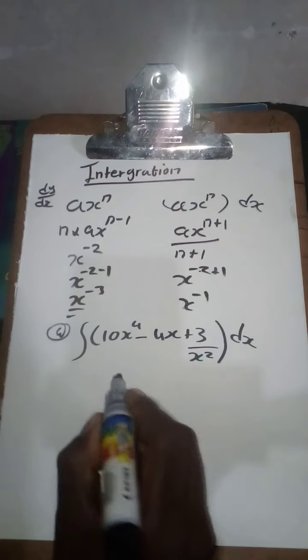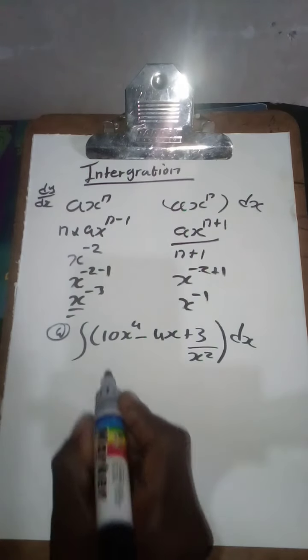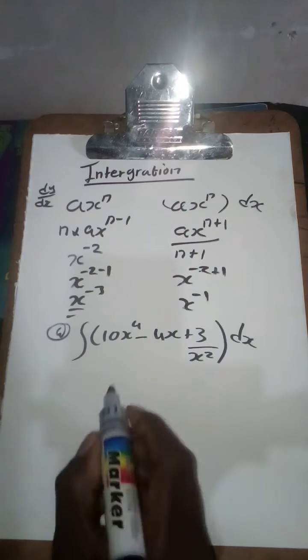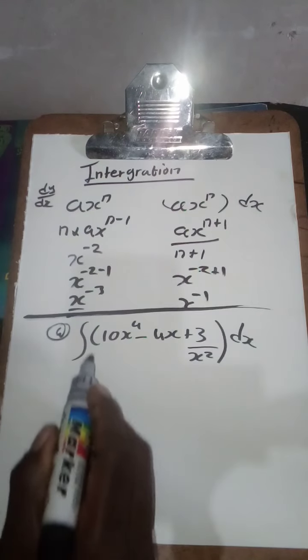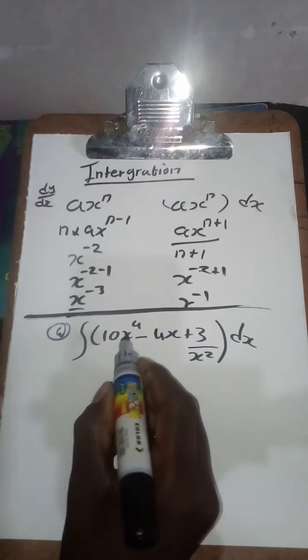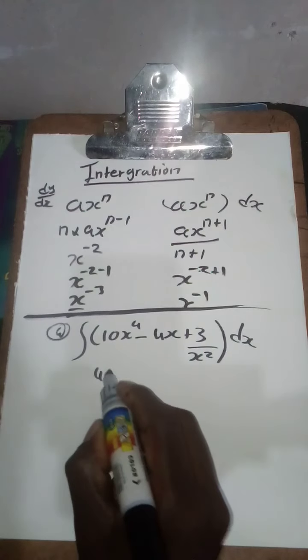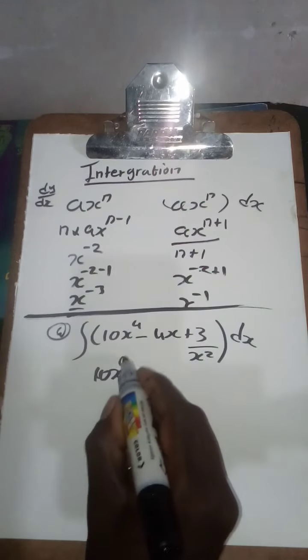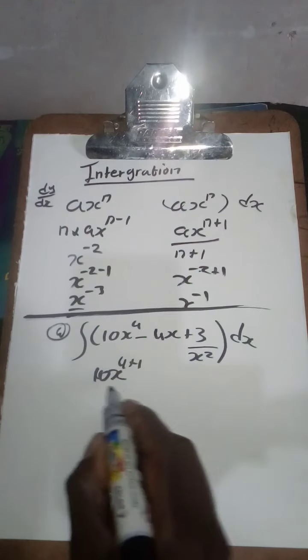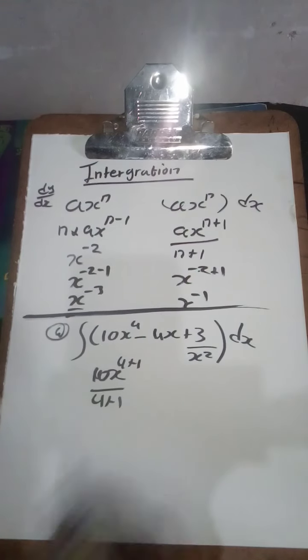Okay, so for this one, remember what we are doing is following this principle. We have been asked to find this integral, hence we are integrating. So we are going to have 10x, here it will be 4 plus 1, divided by 4 plus 1.